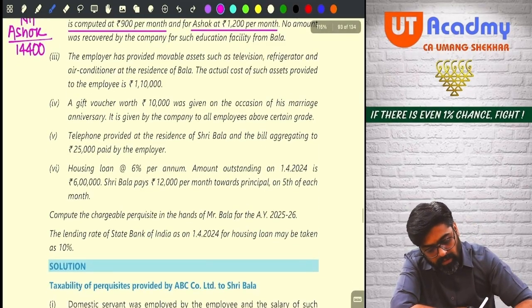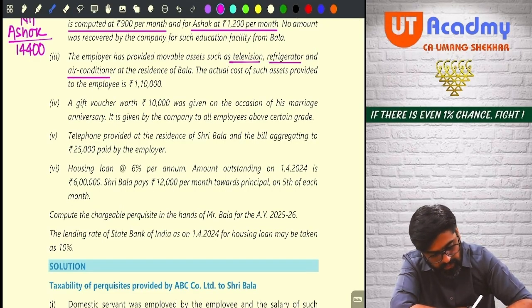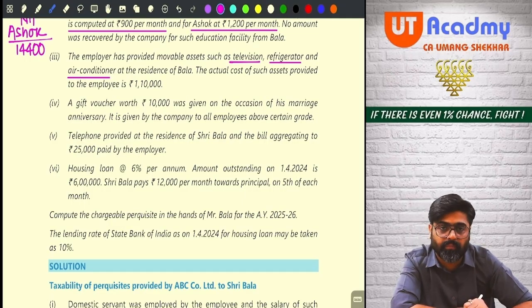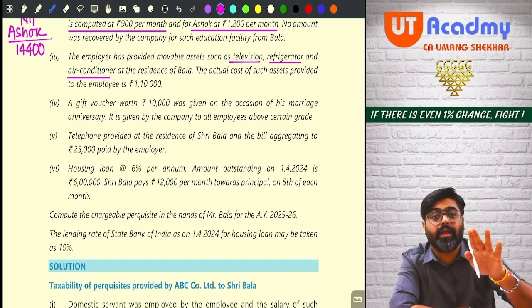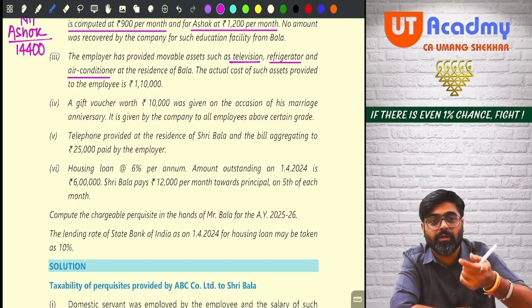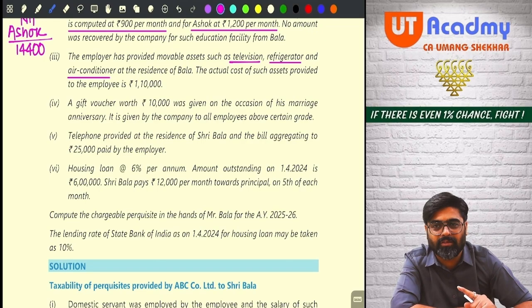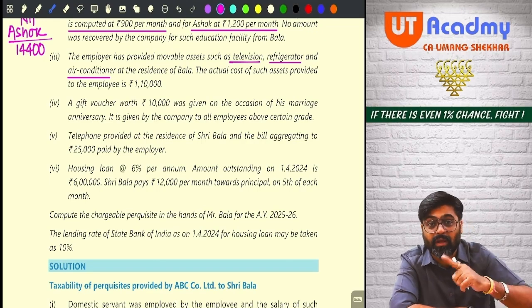The employer has provided movable assets such as television, refrigerator, and air conditioner at the residence of Bala, so that he can use them, not sold to him. So can I say this is the use of movable asset facility?